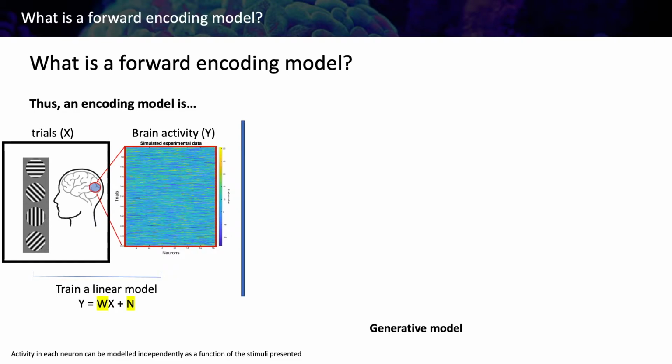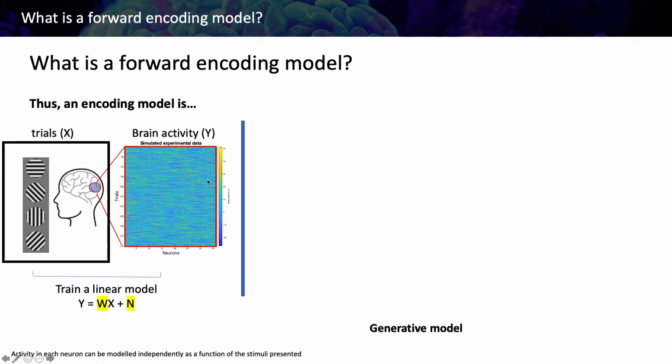Here we will overview a little bit what an encoding model is. So basically what you do with an encoding model is to first record the brain activity when participants are seeing different stimuli. In this case, I'm using gratings, but you can use naturalistic stimuli. What we want to do here is try to explain and understand how each one of these stimuli produces the activity that we are recording here. One of the advantages of assuming a linear space is that we can use a linear regression.